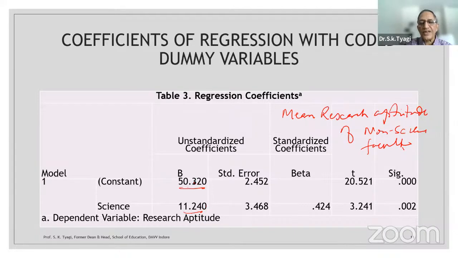If you change from non-science faculty to science faculty, then the science faculty is expected to achieve 11.24 more points, more marks in the research aptitude scale or test, as compared to the non-science faculty. So this is what the interpretation is like.